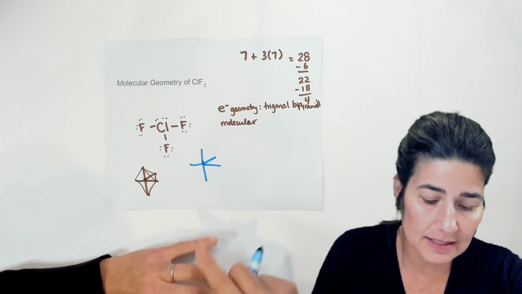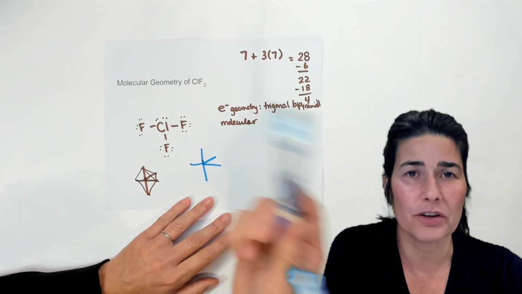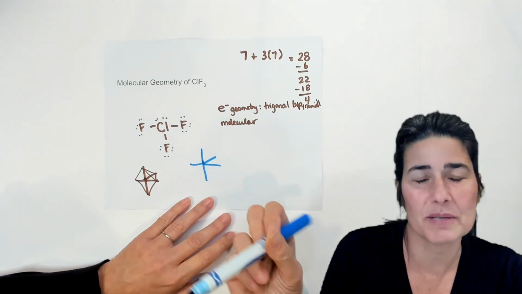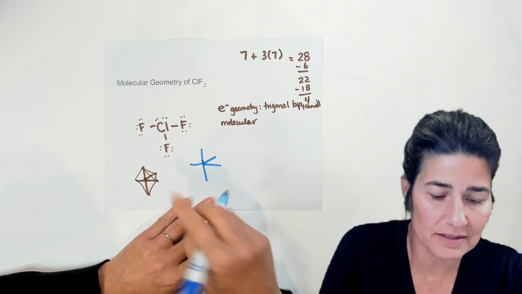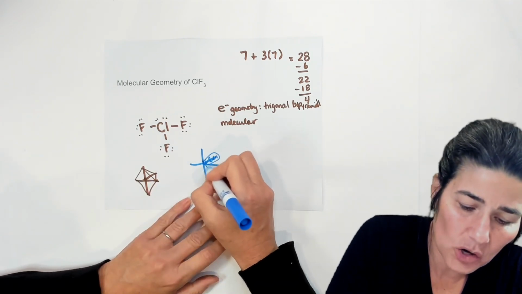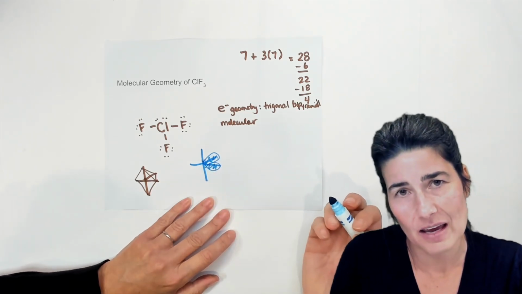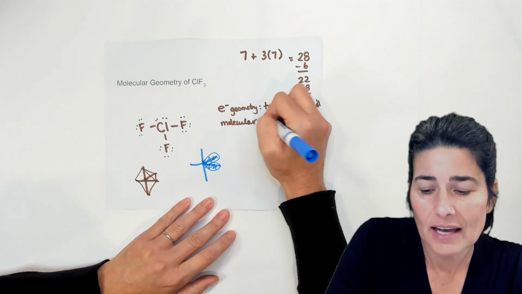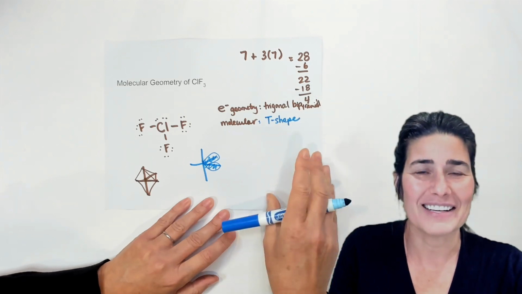If we look at this, we have axial positions top and bottom, and the roomy equatorial positions in the middle. You always want to ghost out your middle ones. We have 2 lone pairs. We're going to ghost out 2 of these, a ghost, a ghost. What that leaves us with is a shape that looks like a letter T, and we call it T-shape. All right, hope that helps.